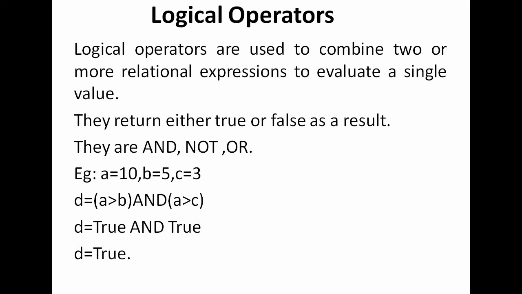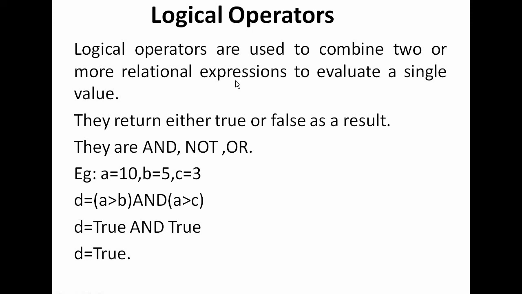These are the three logical operators that are used to combine two or more relational expressions and give us a single result. Here relational expression means, let's say one is greater than, another one is less than.